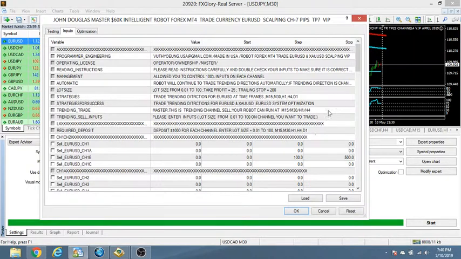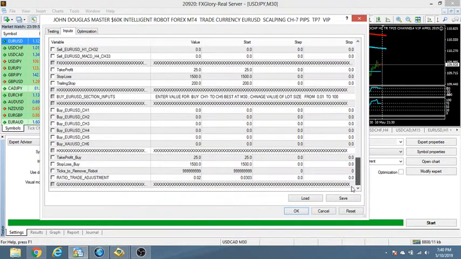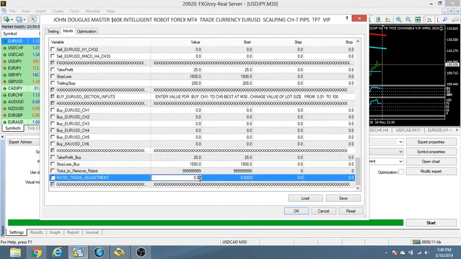Then enter that fraction in here. So 2,000 divided into 60,000 equals 0.033.